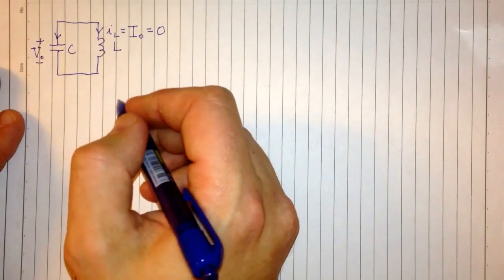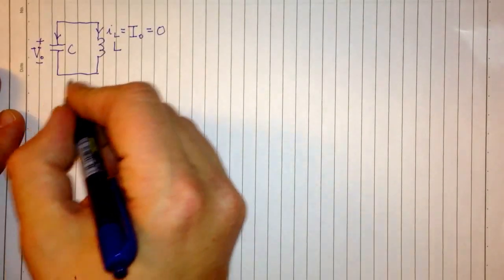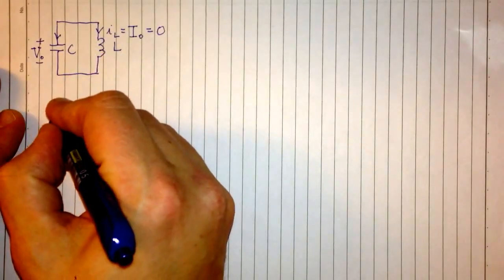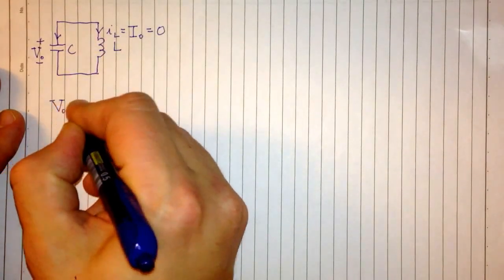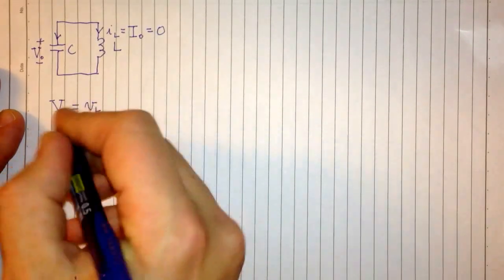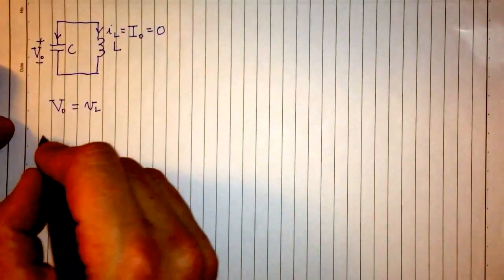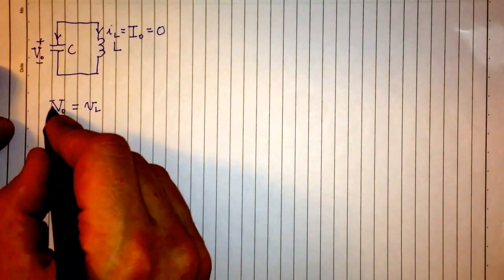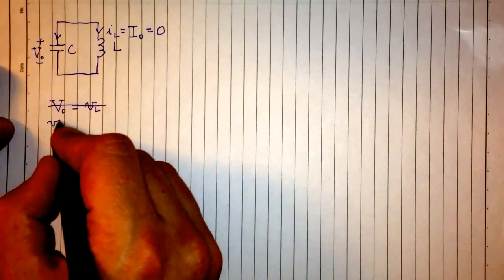So then let's try to solve the circuit. We'll write down just KVL around the loop. So we're saying that V0 is going to equal the inductor voltage, and that the current, VC, I should say, that's for the initial condition, so let's write that again.